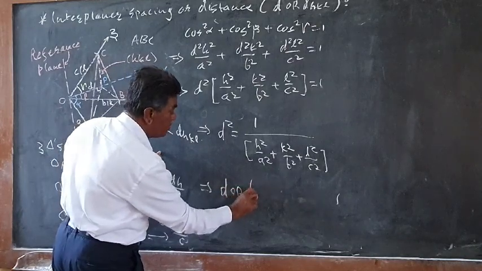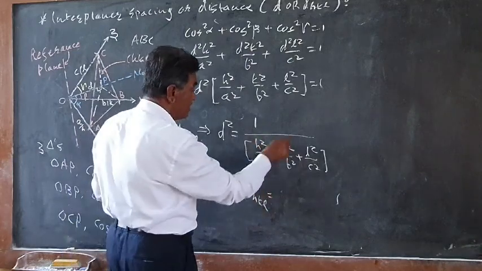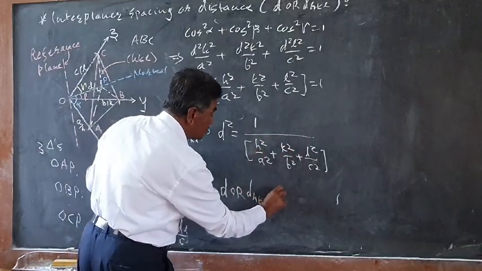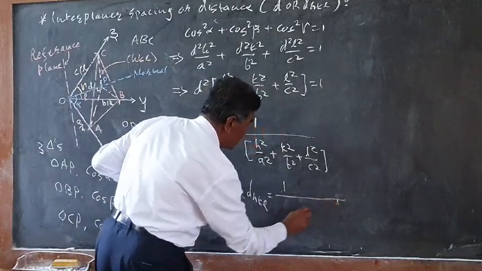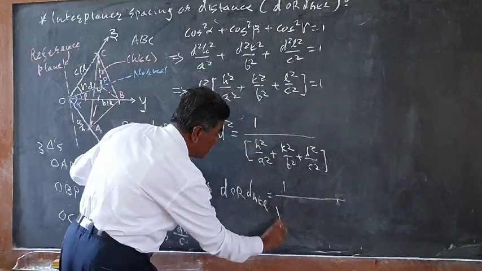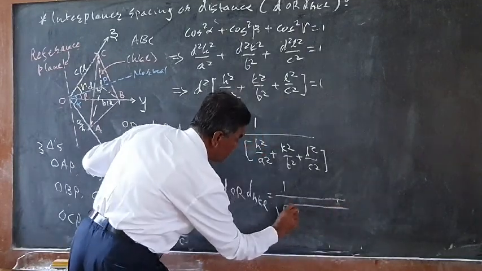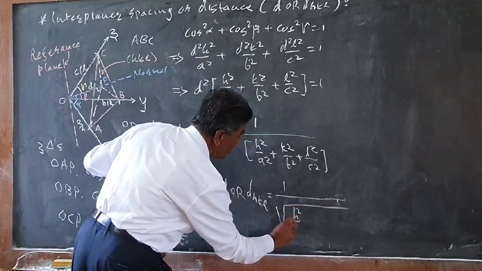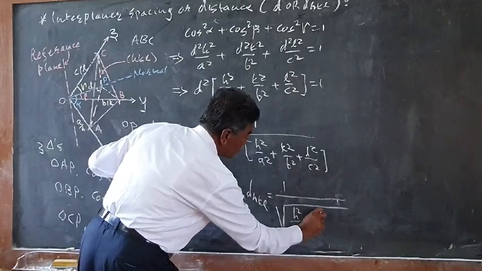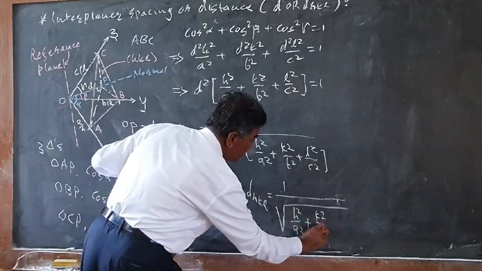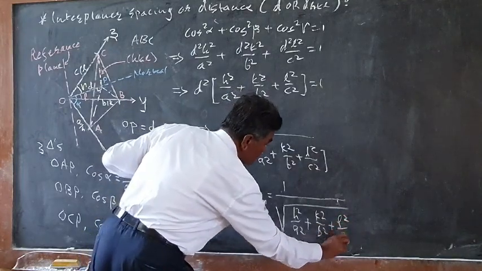Finally, d or dhkl will be equal to the square root of this, so 1 divided by the square root of h square divided by a square plus k square divided by b square plus l square divided by c square.